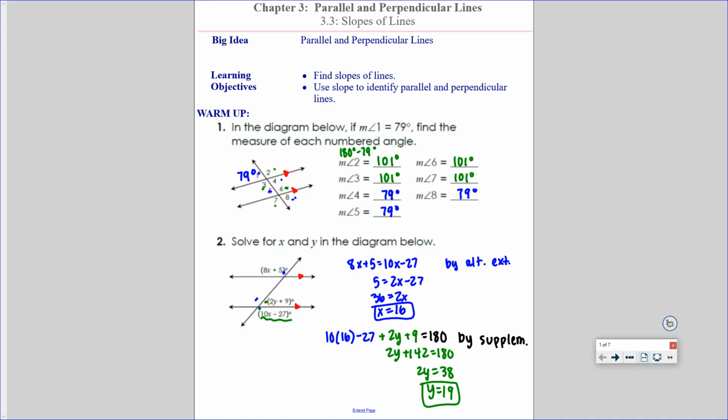So 3.3, we're talking about slope. Man, is that a throwback to Algebra 1? Good times on the ranch. I love slope. Why? There's so many things you can do with it.